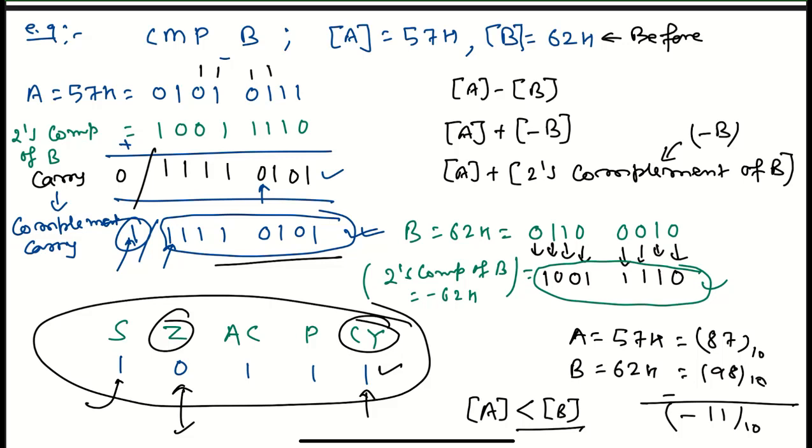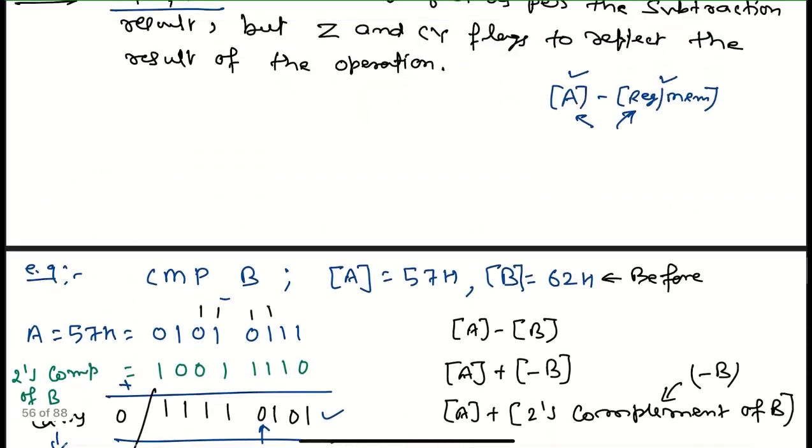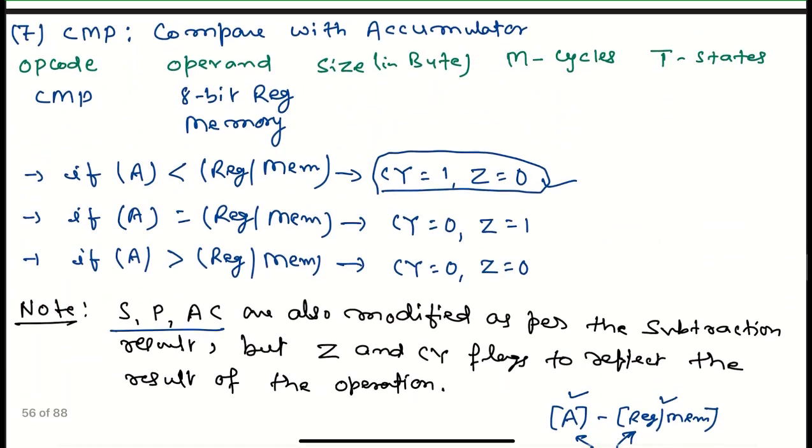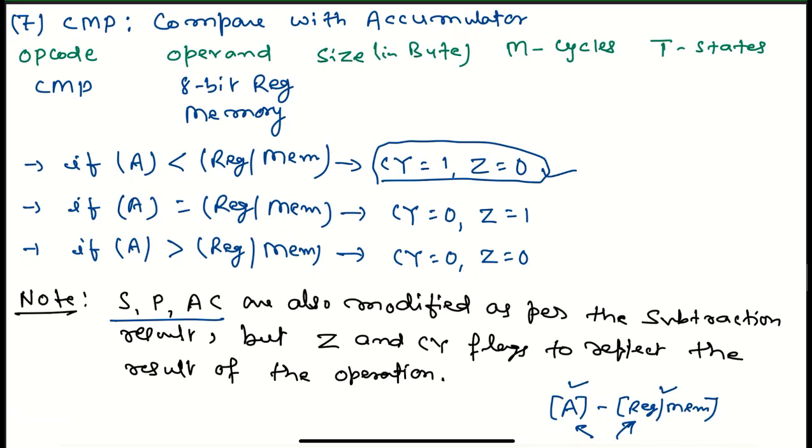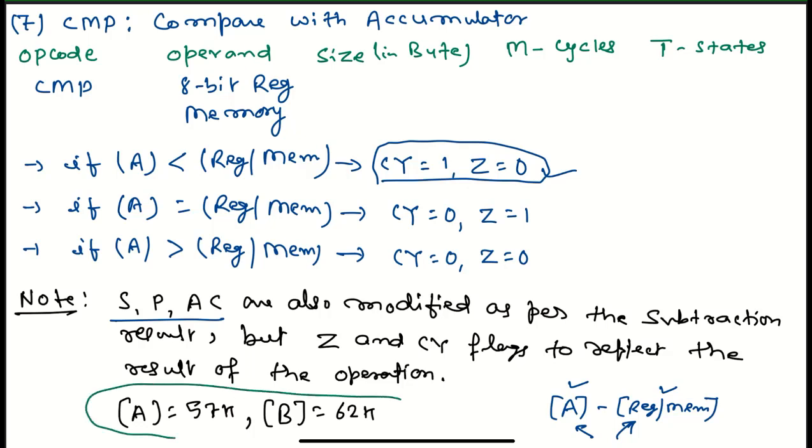After execution of this instruction, the data of the accumulator and the B register will be the same as before execution, whatever we assumed in this example. The accumulator content will be the same 57H, and the B register content will be the same 62H.